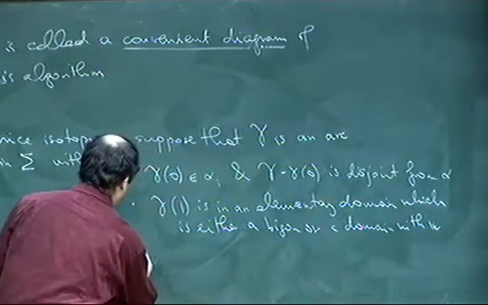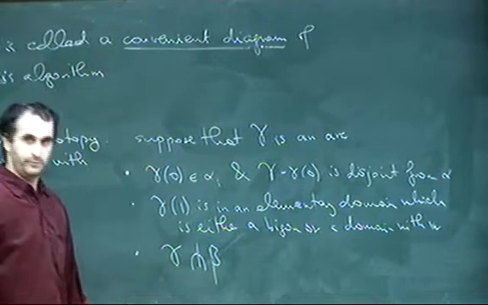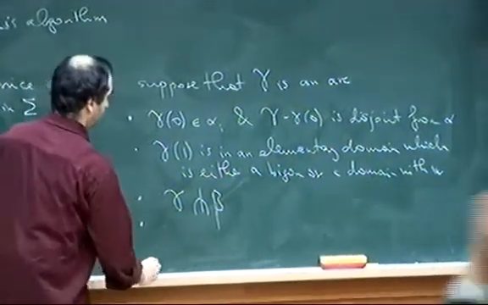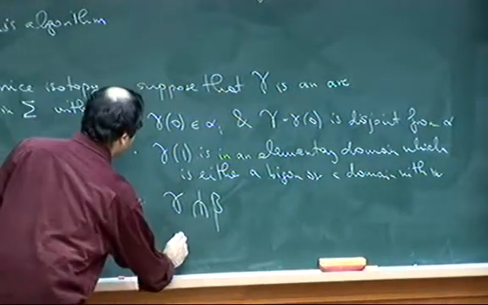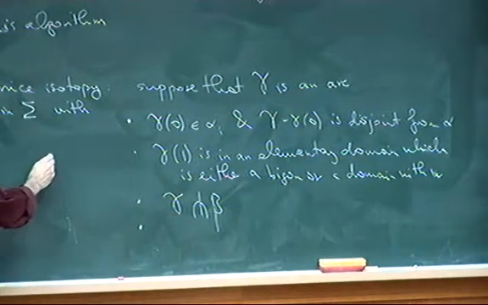And what else? Gamma is transversal to all the betas, and 2 more properties, one simple and one less simple, but maybe it's better if I draw.